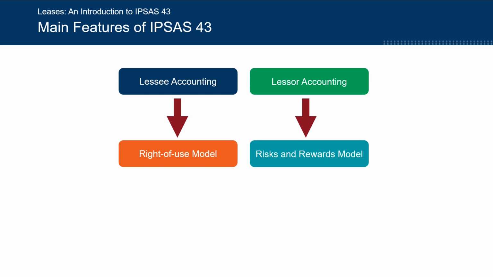IPSAS 43 introduces specific changes to the model for consistency with the lessee accounting model in the areas of lease modifications and subleases. As explained later in more detail, IPSAS 43 also enhanced disclosures to better evaluate the amount, timing, and uncertainty of cash flows arising from a lessor's leasing activities.